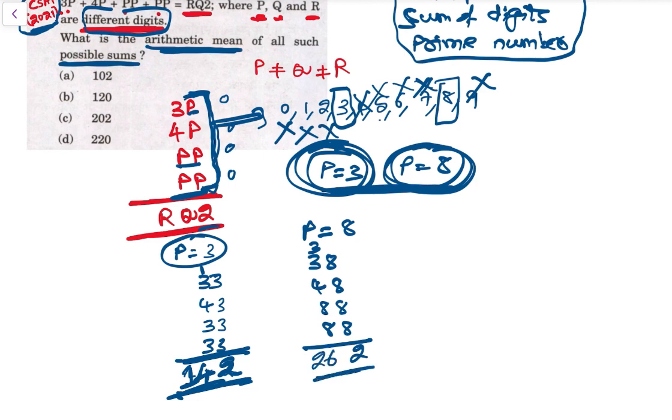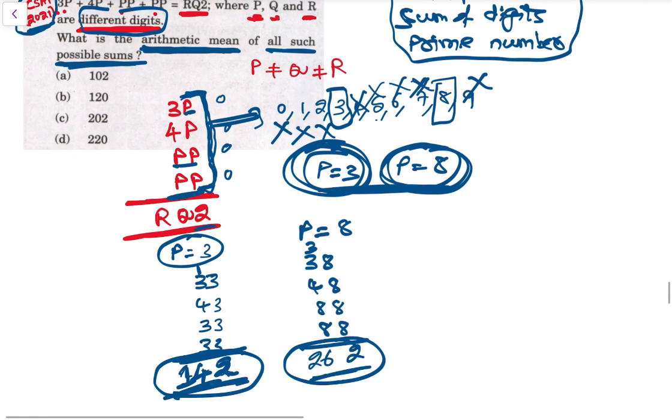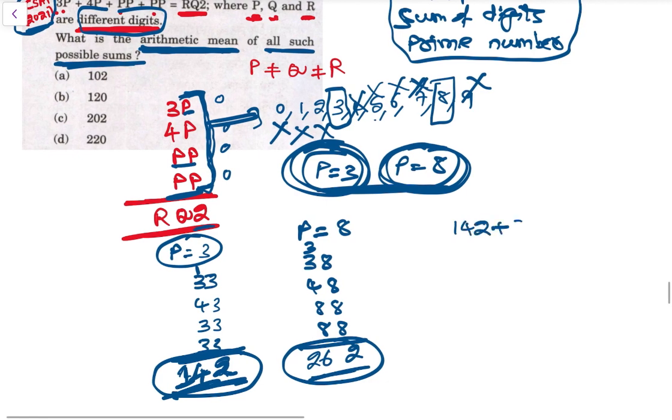So the question is what is the arithmetic mean of all such possible sums. So the possible sums are 142 and 262. The arithmetic mean is 142 plus 262 divided by 2.